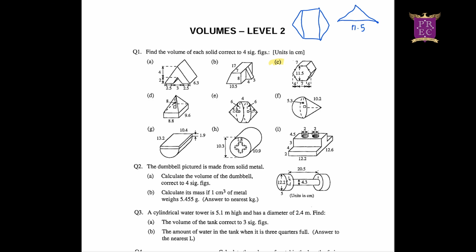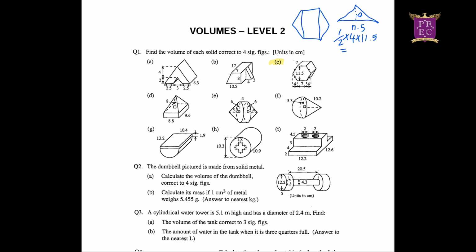Well, what do you think the height is? Have a look at over here. So 4 will be the height. Now, what's the area of a triangle? Half base times height. So what we do is half times 4 times 11.5.